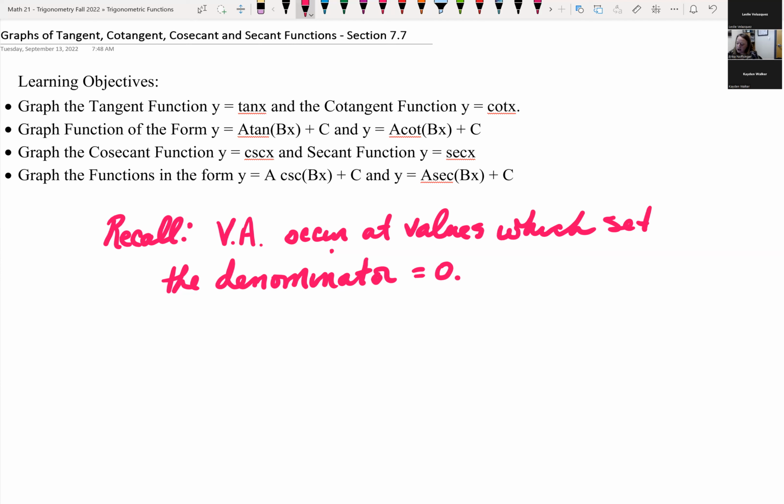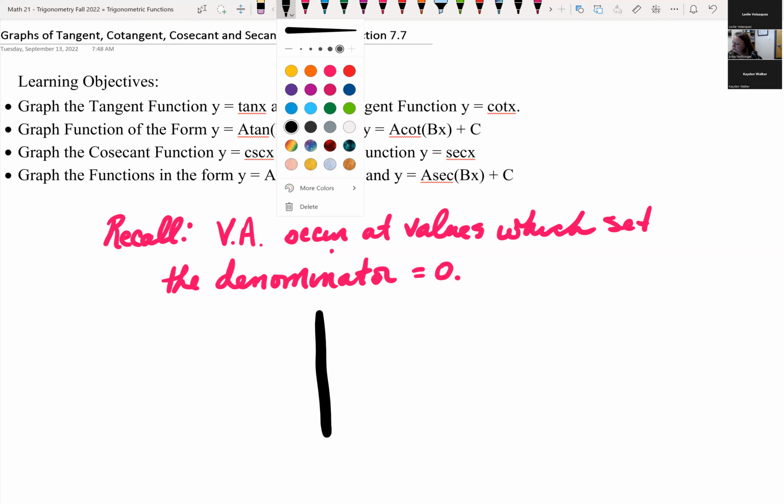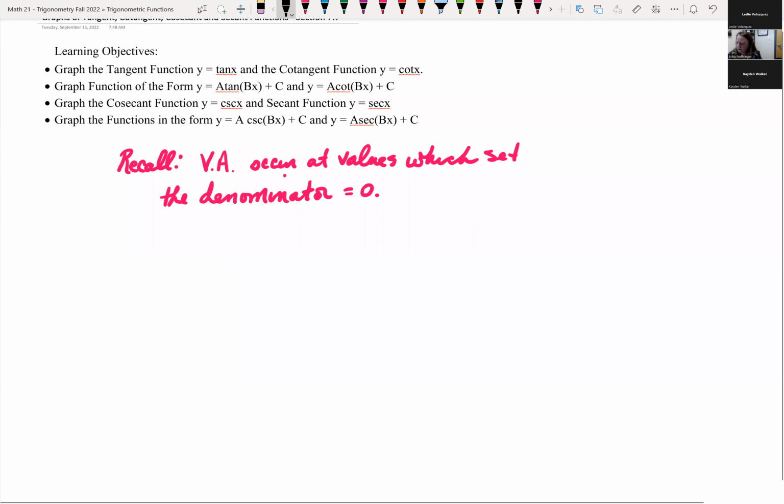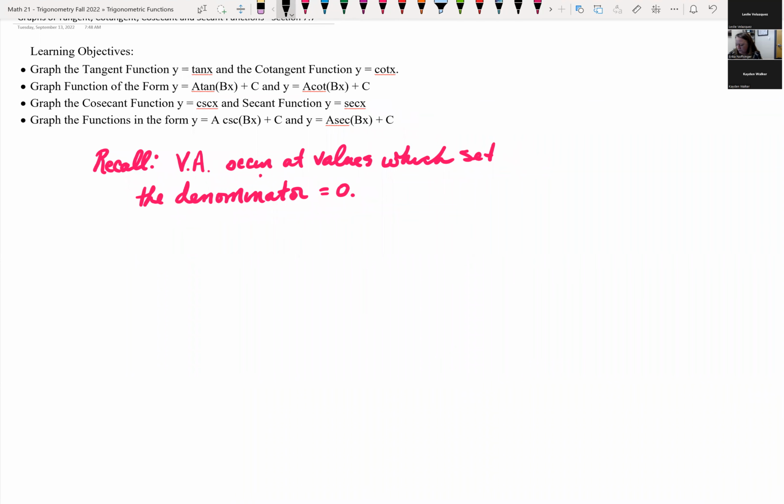Okay, and recall, if we're looking at vertical asymptotes, normally we denote that vertical asymptote with a dotted line.